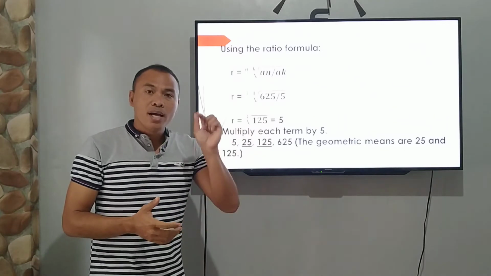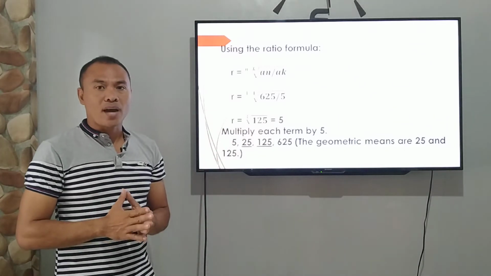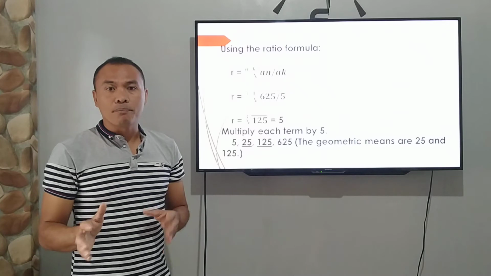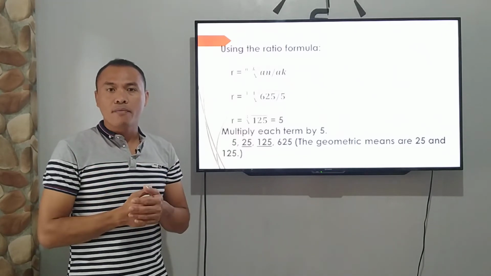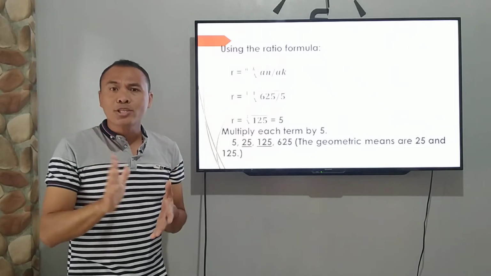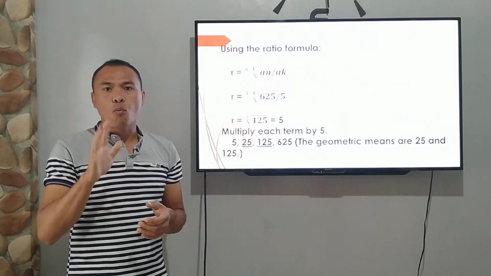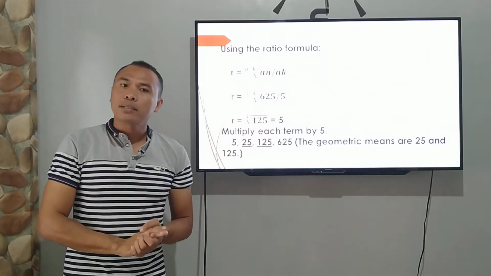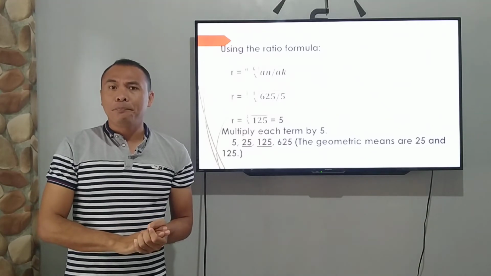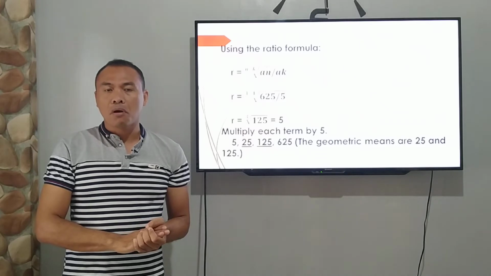So we have now the cube root of 125, which is equal to 5. Bakit 5? 5 times 5 times 5 is 125. Or you can press your calculator's cube root of 125 and it will give you a result of positive 5. Baka magtanong kayo, bakit hindi positive at negative?